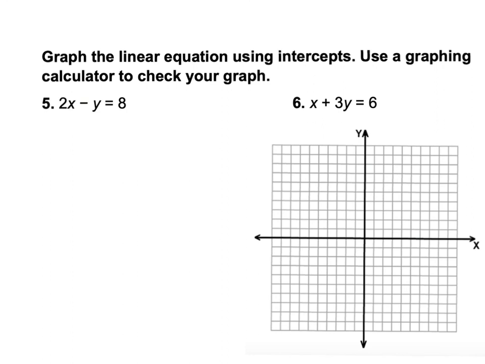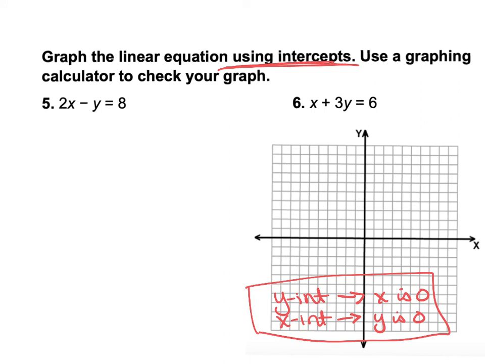So now we're going to talk about our second way of graphing by using intercepts. A y-intercept, x is 0. An x-intercept, y is 0. I would recommend putting this into your notes when we graph a linear equation using intercepts.